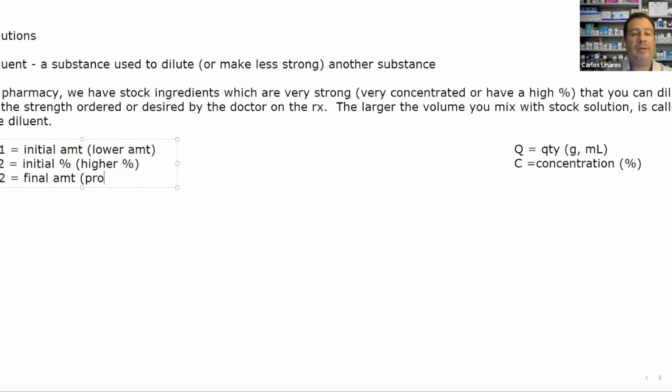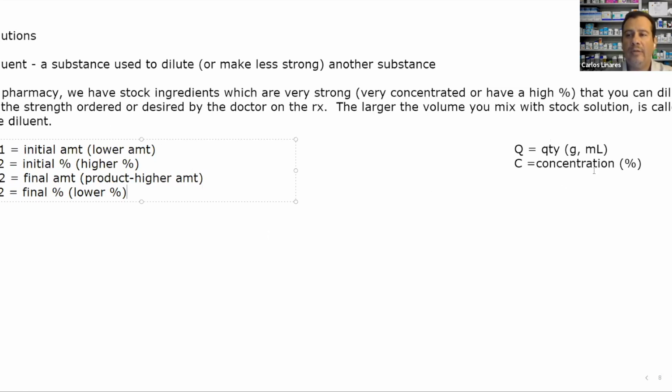So this is my product, which is a higher amount because I've added something to it. I've added the diluent, so higher amount. And then C2 is my final concentration, which is the lower percentage because I added something to it. I made it less strong.